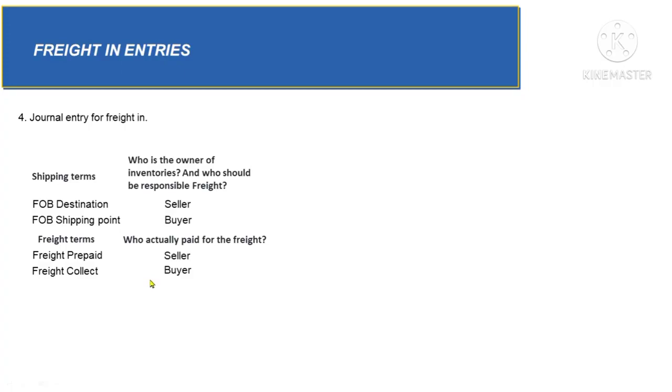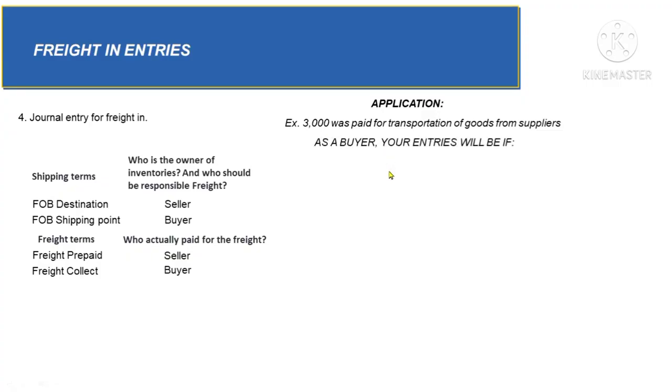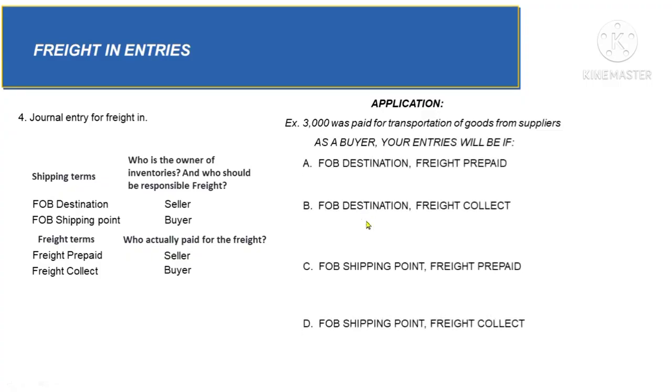Now, let's apply this to our example. So we have here 3,000 was paid for the transportation of goods from the suppliers. The entry is again dependent on these four possible combinations. So we have here the number 1, which is FOB destination, freight prepaid.